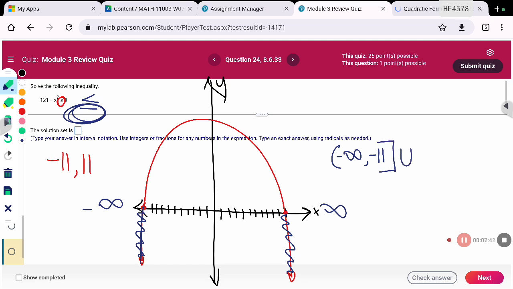In union with, then it goes above the x-axis until it gets to positive 11. So it also gets a bracket, and then it stays below 0 for the rest of the graph to positive infinity.